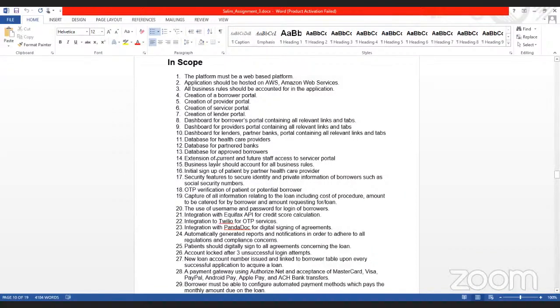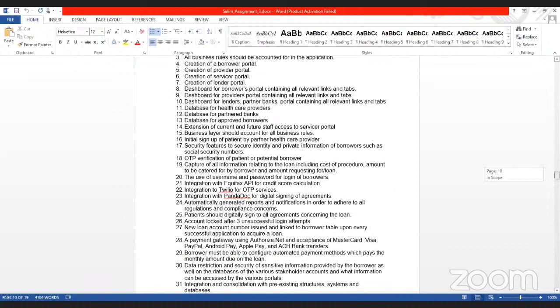There should also be a means to extend access to the servicer portal to the current and maybe future staff, because as I said, we're assuming that they already have a system in place and staff working with these systems. So the portal should integrate these staff accounts into the system, and that will be with the servicer portal. So yeah, the business layer should account for all the business rules.